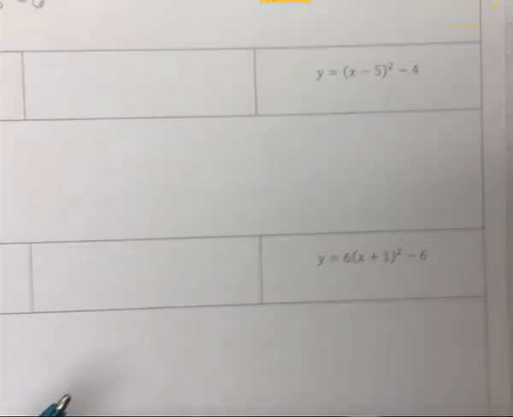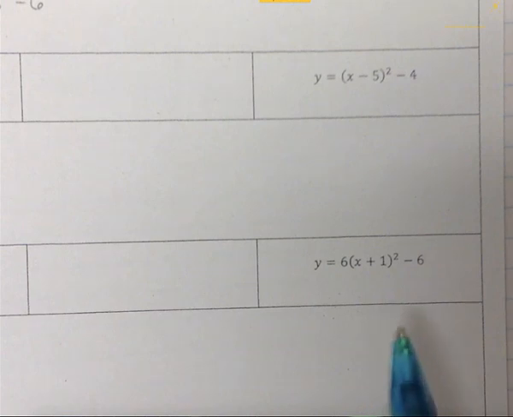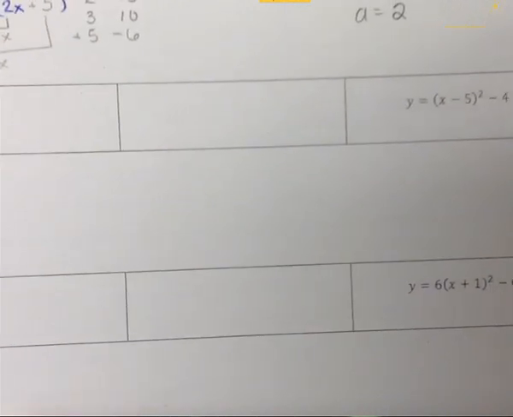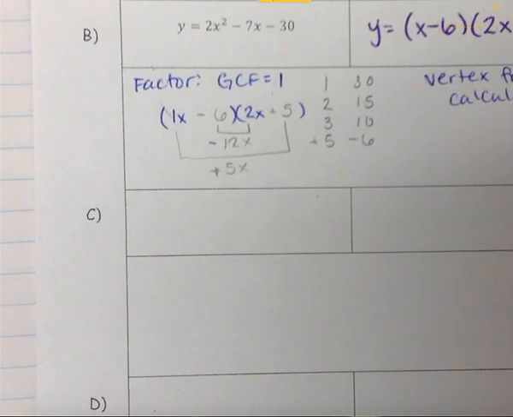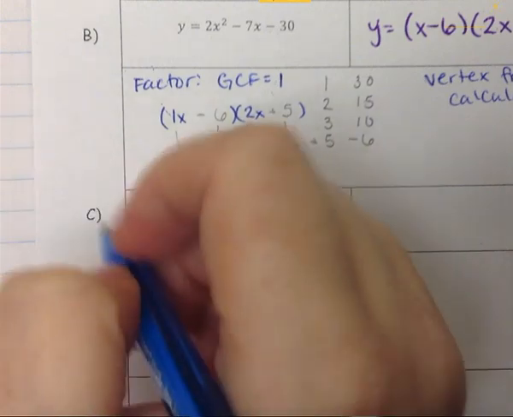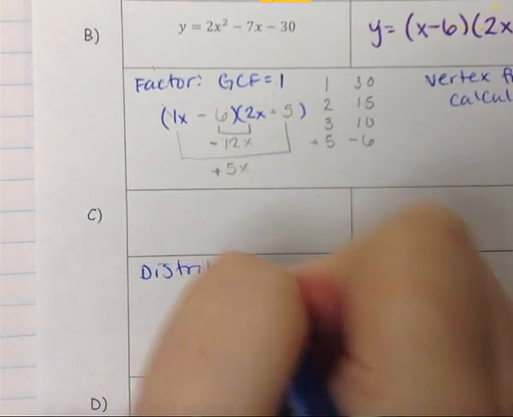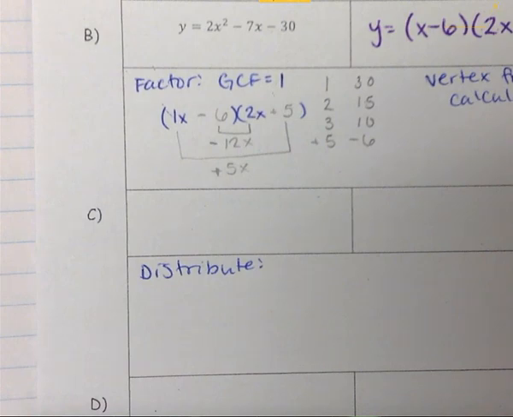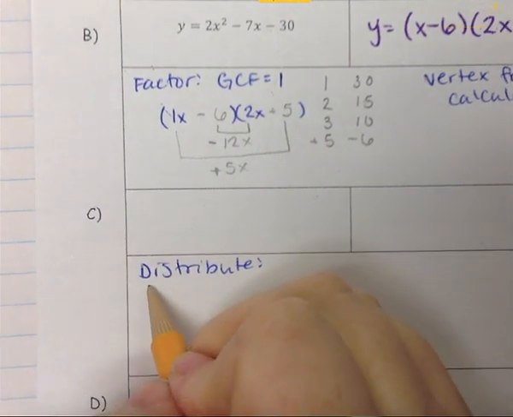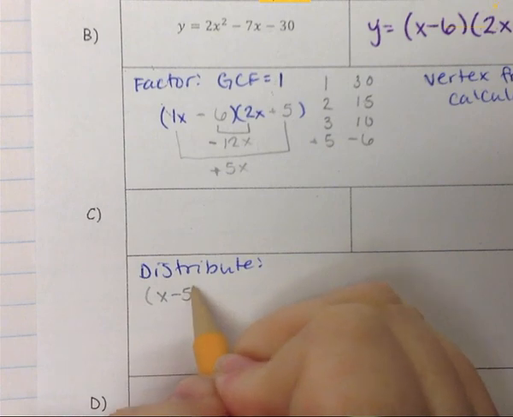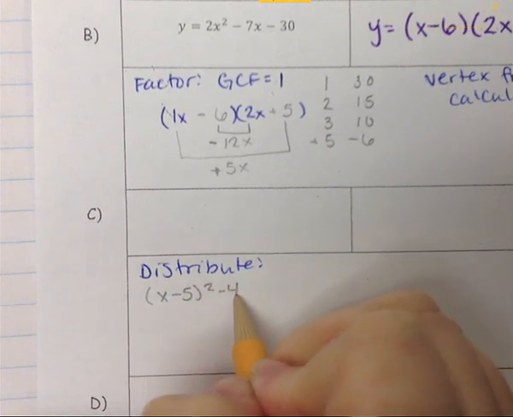The next two examples are where we're given vertex form and we have to put it into standard form and into intercept form. You want to actually put it into standard form first by distributing. So for part C, we're going to distribute. We're going to write down the original equation for part C, which was parentheses x minus 5 parentheses squared minus 4.